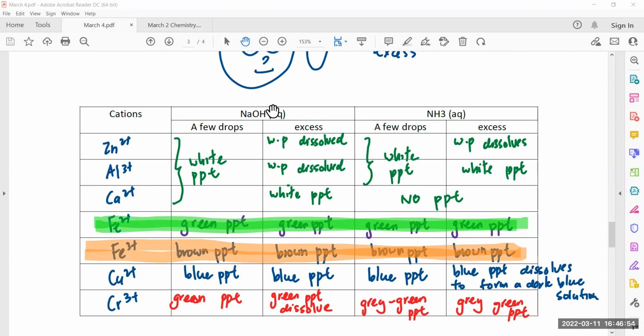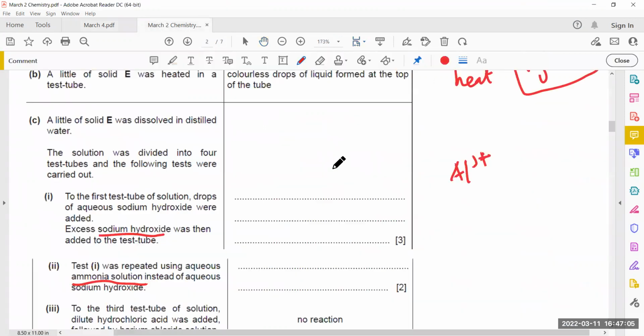Now, aluminium ion with sodium hydroxide. First, a few drops, you get white precipitate. Excess, the white precipitate dissolves. This is sodium hydroxide. Get it? So all you need to write here is the first test tube, drops of sodium hydroxide were added and then excess was added. So you just copy. White precipitate forms.